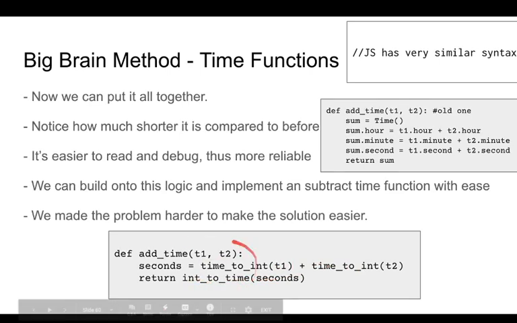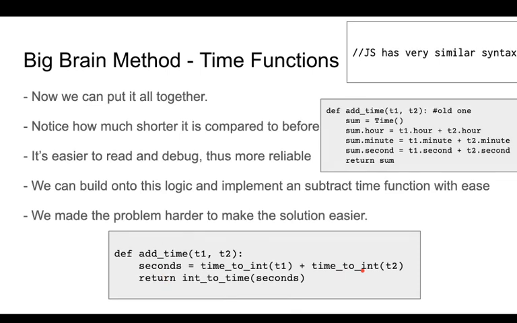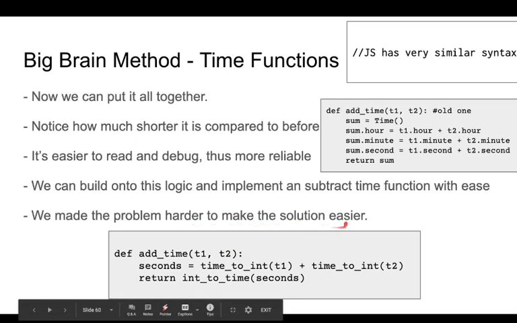So in this way, once you've done your homework and put in the effort, it's a lot easier to read, a lot easier to debug, a lot more reliable. And you can extend it even. Once you have this base, you can subtract time with ease, you can multiply time with ease. And ironically, we made the problem harder here to make the solution a lot easier to approach.